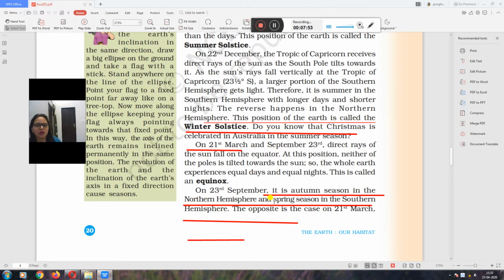On 23rd September, the southern hemisphere faces spring season and the northern hemisphere faces autumn season. But on 21st March, the situation is opposite: autumn season is in the southern hemisphere and spring season is in the northern hemisphere.